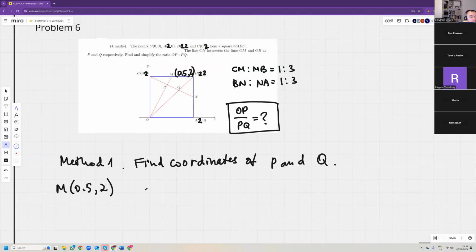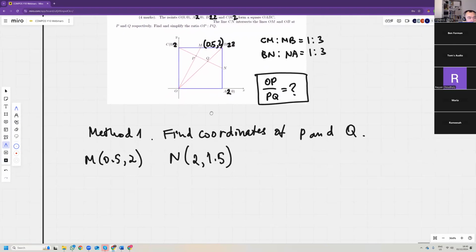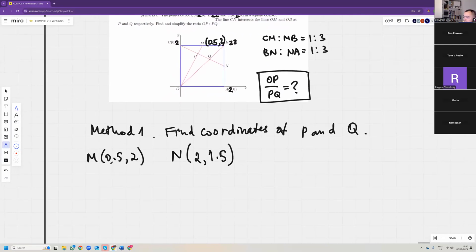N is 2, 1.5, because that's the ratio, 1 to 3. And then find the line. Oh, it's given. That's given.